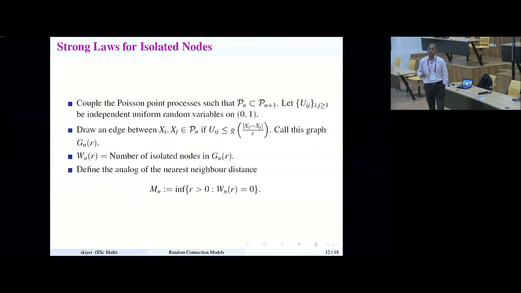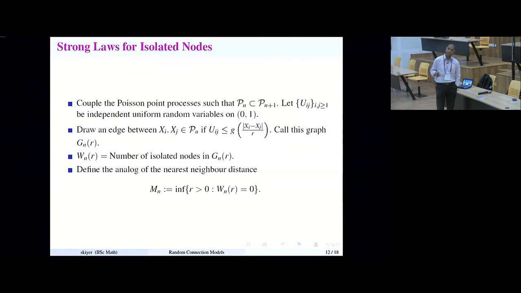Okay? So every time you add a unit intensity Poisson point process in the cube. And for each i and j, a priori you have this kind of IID sequence of uniform random variables. And then what you do is you draw an edge between xi and xj if this uij is less than g of the distance divided by r, right?